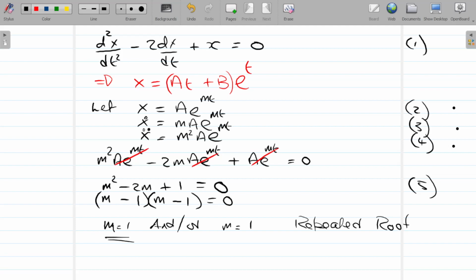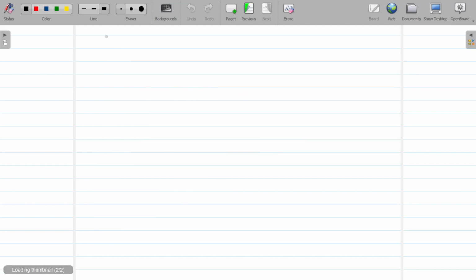We take m equals 1, and we can now proceed to find the second solution, because if we go on to the next page, we say since one of the roots is m equals 1, then our first solution is x1 equal to a e to the t.